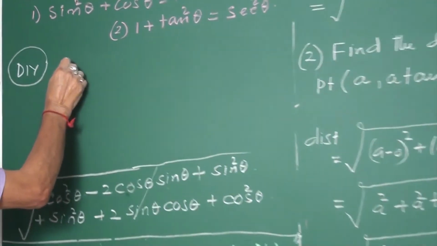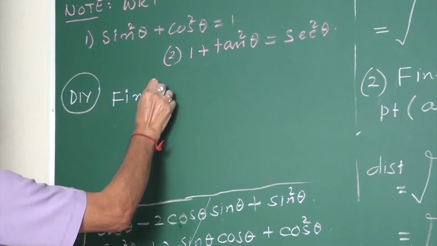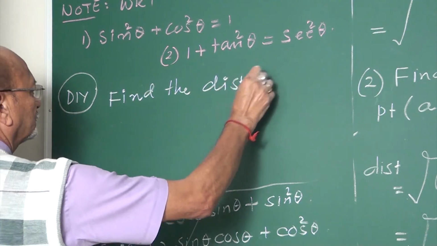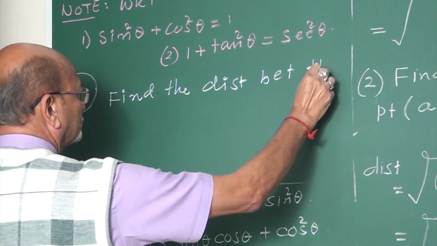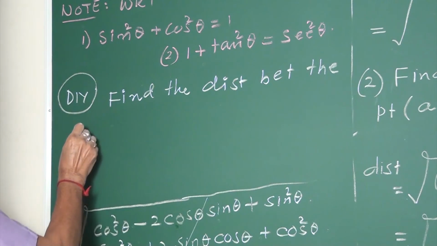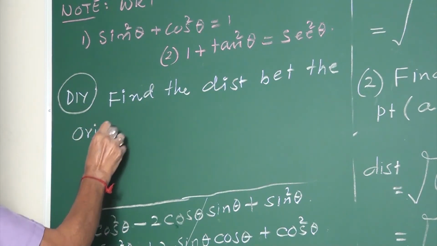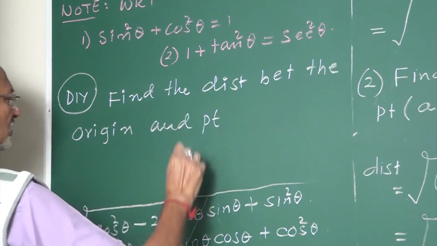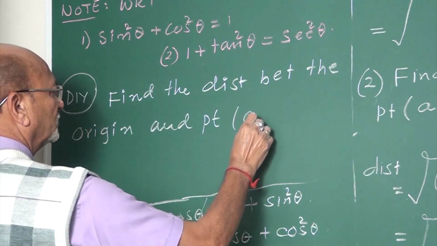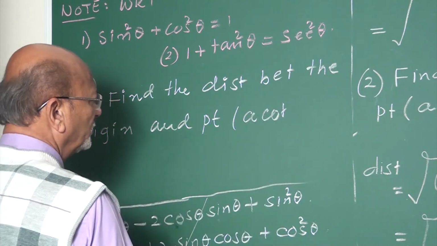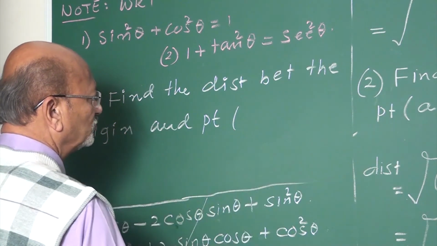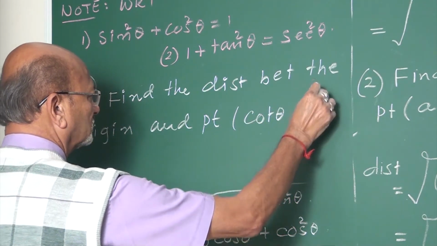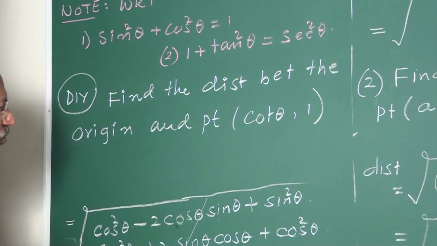Find the distance between the origin and the point (cot theta, 1). Square root of 1 plus cot square theta.